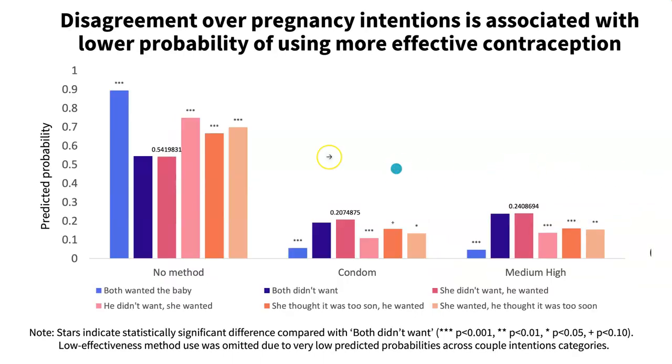Based on that, when they wanted to have a baby, there was the highest chance of using no contraceptive method. But if they didn't want a baby, or if there was many kinds of disagreement, there was a lower chance of using no contraceptive method.